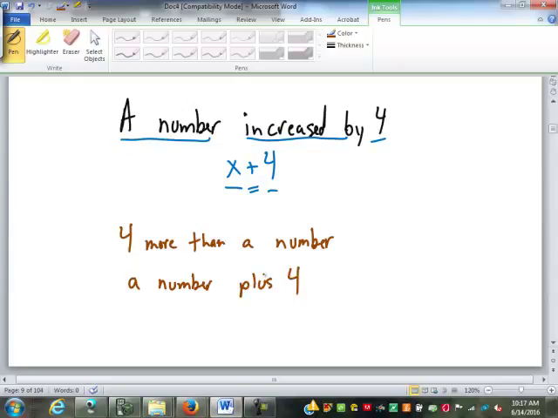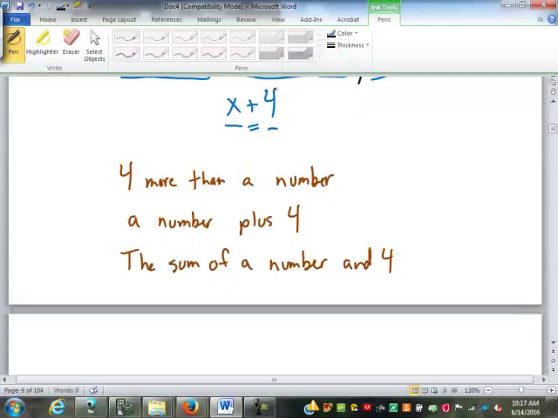Can anybody think of any others that would be X plus 4? I'll throw one in here. The sum of a number and 4. What's the word sum mean? It means addition. Technically, sum is the result of an addition problem. So it's the result of a number added to 4 is what that's saying. There are a lot of other phrases that could mean X plus 4. Those are just a couple.